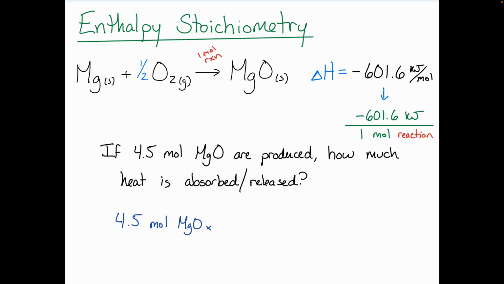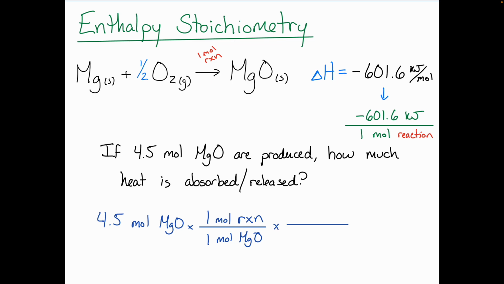So if I'm going to be good with my units here, I'm going to multiply this by that stoichiometric ratio, which says that 1 mole of magnesium oxide is produced per mole of reaction. And now my units are in the right place to multiply by that delta H, which is negative 601.6 kilojoules per mole reaction.